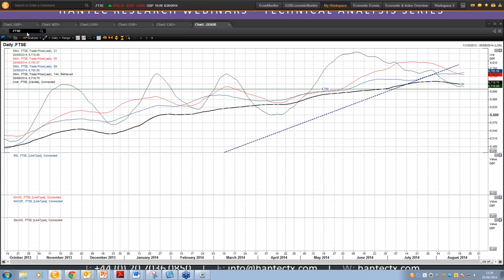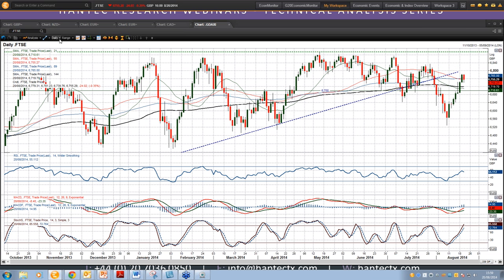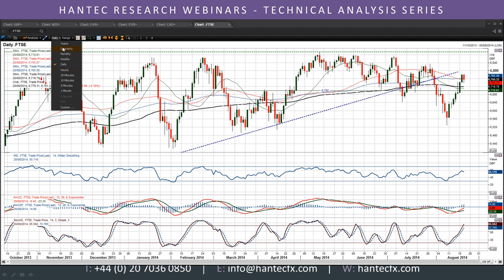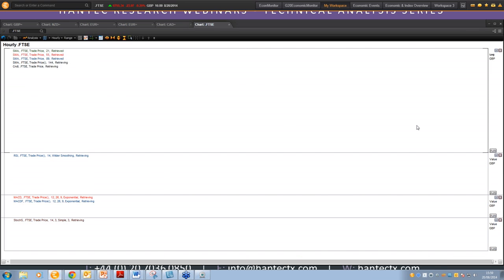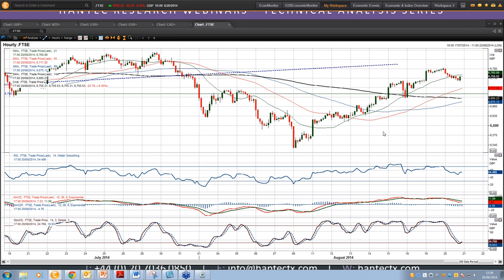FTSE, pretty much quite a similar chart actually, but one thing that I noticed when I was doing my mid-morning analysis was on the intraday hourly, that through this, I mean, look at this 21-hour moving average, not just at the beginning of August, it started to become a pretty decent gauge, and it has been used as support throughout on the way up.